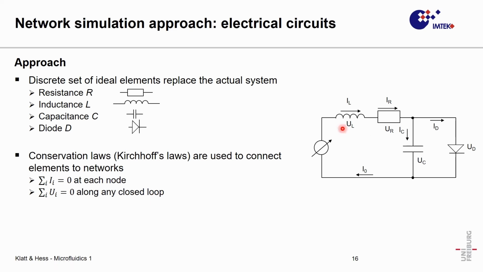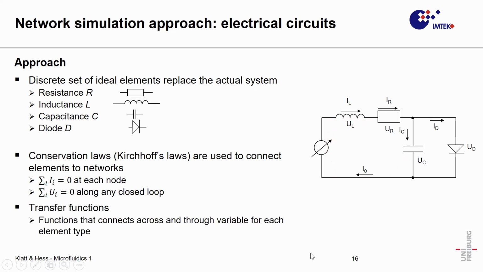So for example, the voltage in this loop must be zero. And now you need the transfer functions. And the transfer functions are the functions that connect the across and the through variable for each element type. So the transfer function of this resistor, for example, would be the function that connects the current through this resistor with the pressure drop over this resistor.